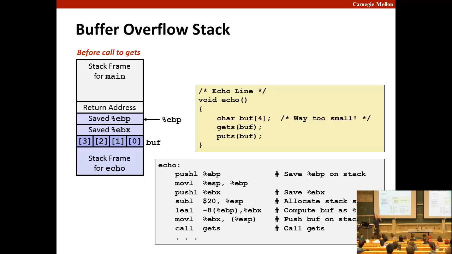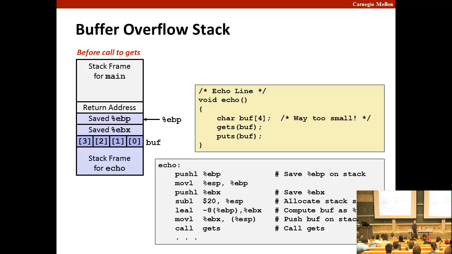Make the code the right size, and add enough padding: program code, program code, program code, buffer, padding, padding, padding, and then overwrite the return address with the address of your code. Now when it pops the return address off to return, it's going to go to your function, not where it belongs.